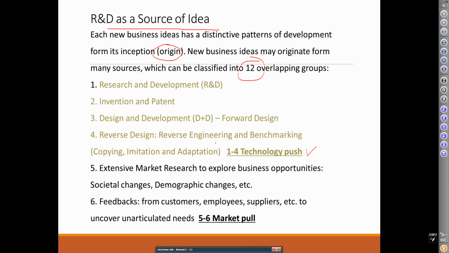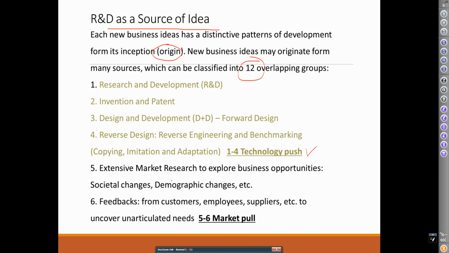Reverse design means it's focused on engineering, technology and physical implications, and benchmarking and competitive design. So copying, imitation, adaptation are strategies of reverse design.